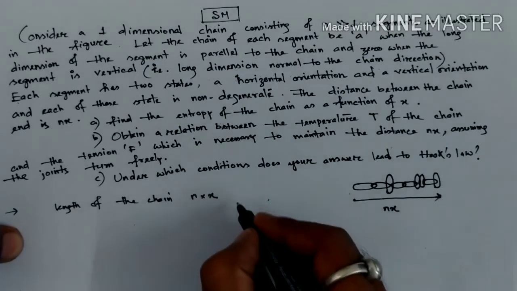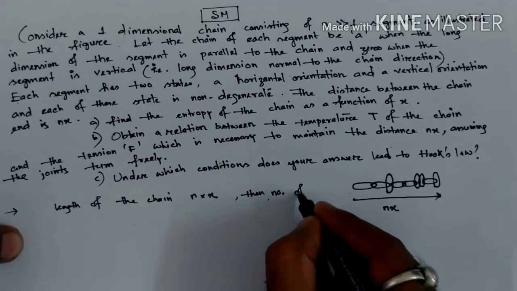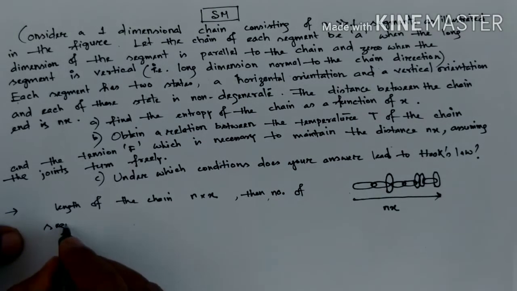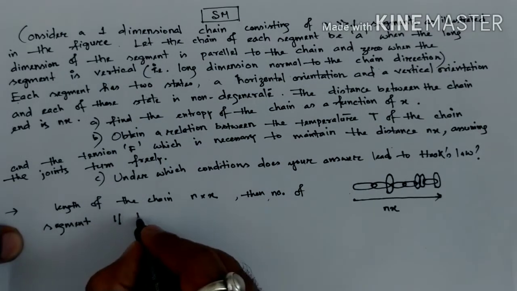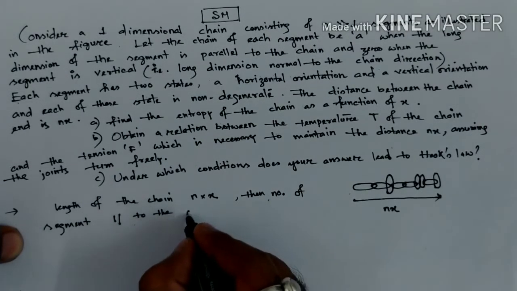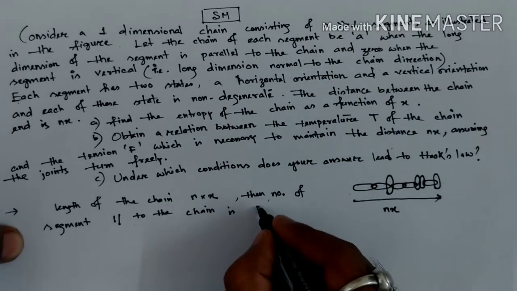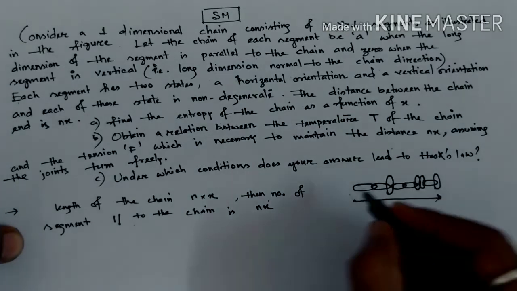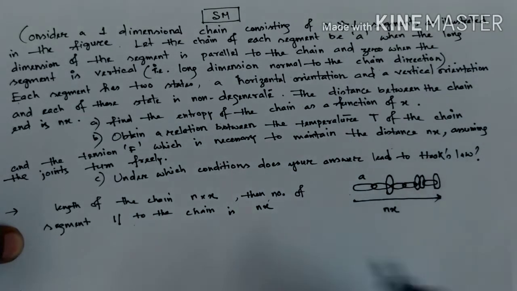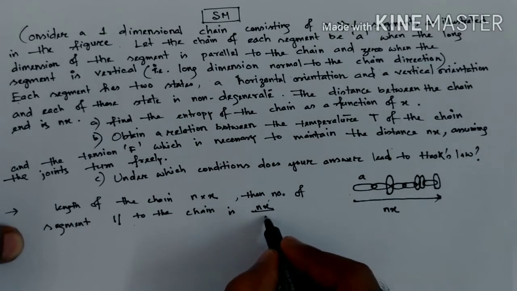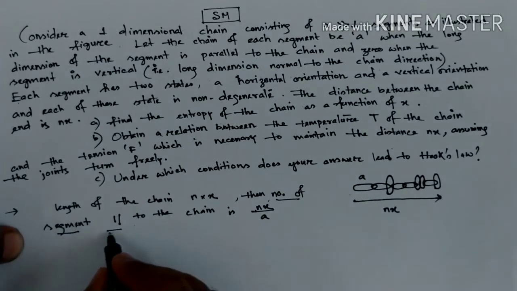Then the number of segments parallel to the chain will be what? This is the total length, and when a segment is horizontal, it is contributing length a. Then if we divide by the length a, we get the number of segments that are parallel to the chain.